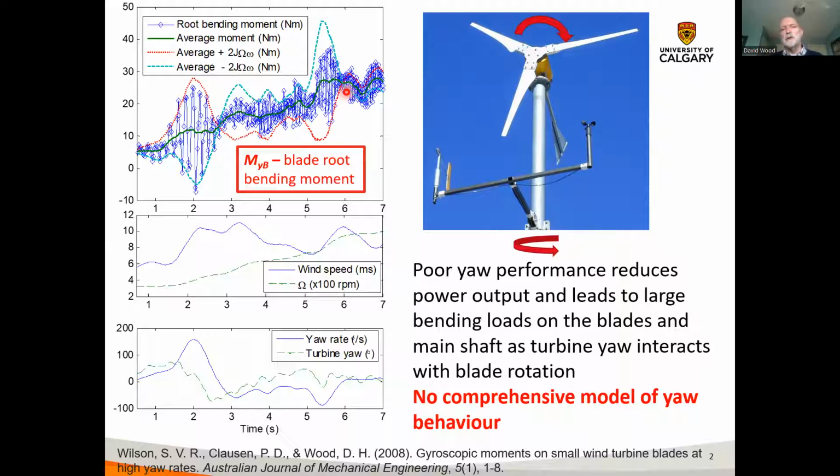And those loads depend on the blade inertia, the blade RPM, and the yaw rate. So yaw can lead to poor power extraction performance, but it can also lead to loads that are sometimes the maximum loads on small wind turbines. So it's very important from all perspectives.